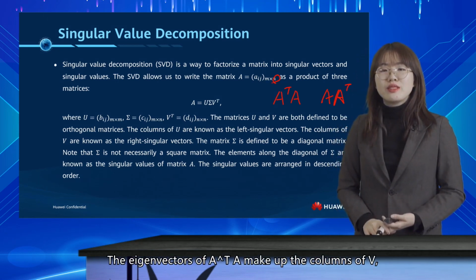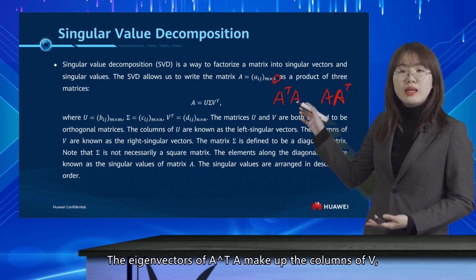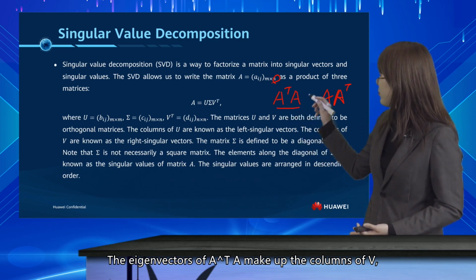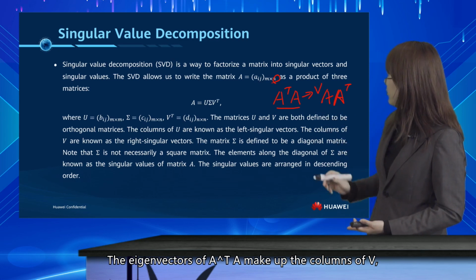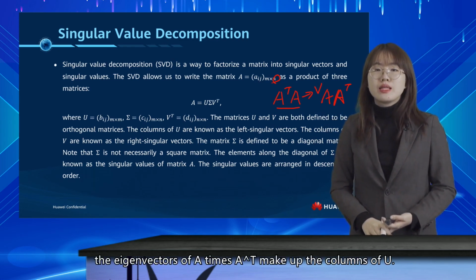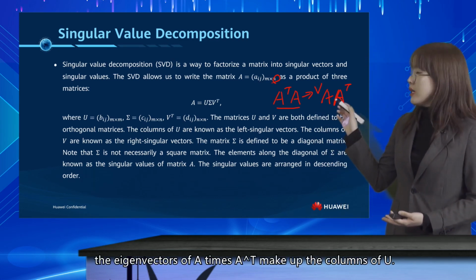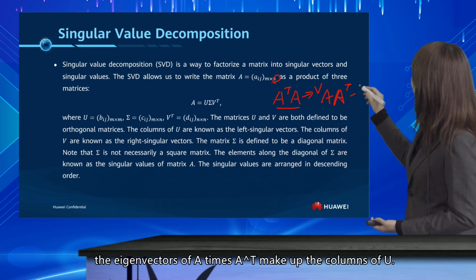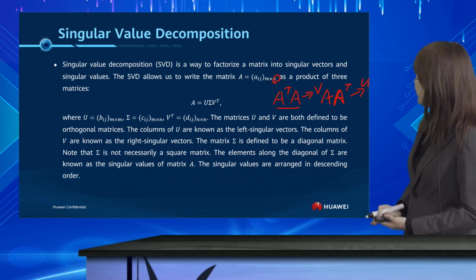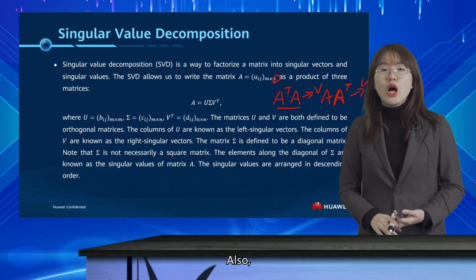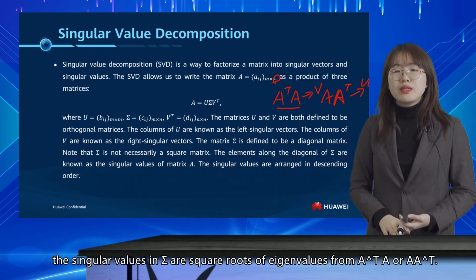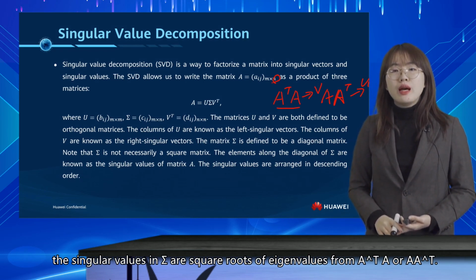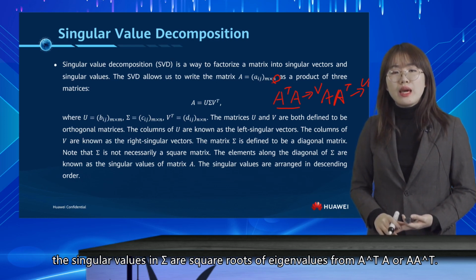The eigenvectors of A transpose A make up the columns of V. The eigenvectors of A times A transpose make up the columns of U. Also, the singular values in sigma are square roots of eigenvalues from A transpose A or A A transpose.